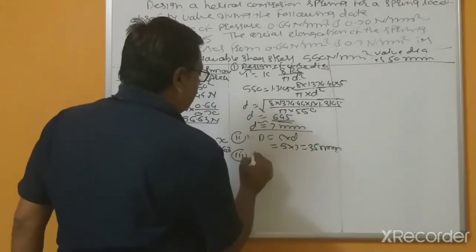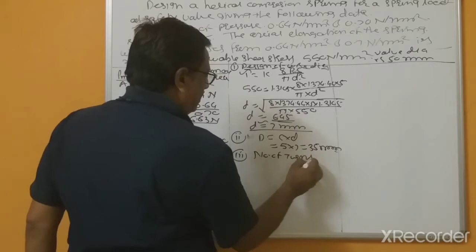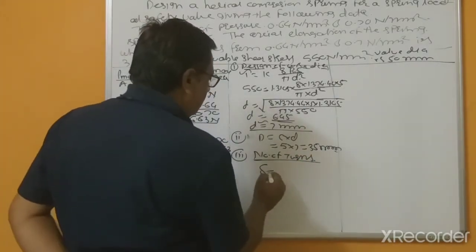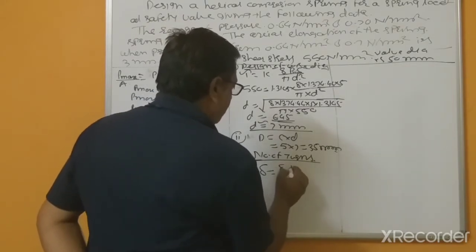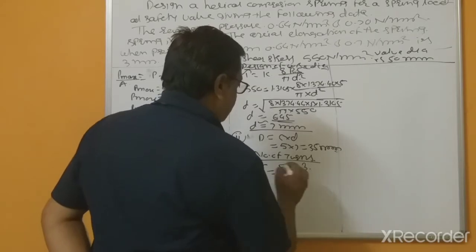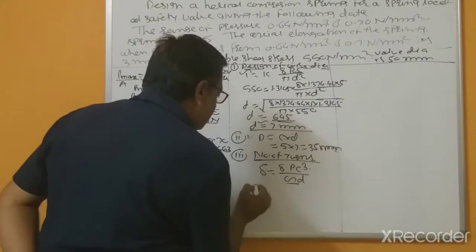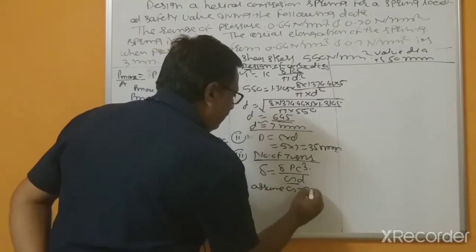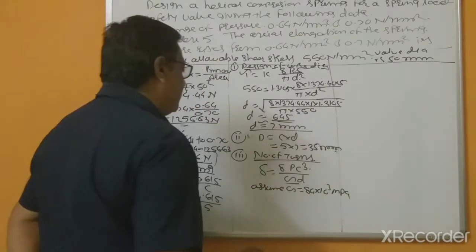Third bit, now the number of turns, which may be active or inactive. What is the formula? Delta equals 8PC cubed divided by GD. In this problem, G is not given, so assume G equals 84 into 10 to the power 3 megapascals.